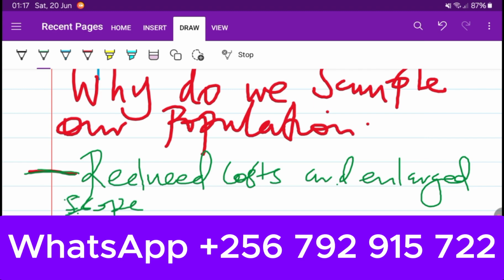Now, I want to understand that sampling involves collection of data on a small number, or basically using a smaller number of units in comparison to the complete enumeration.